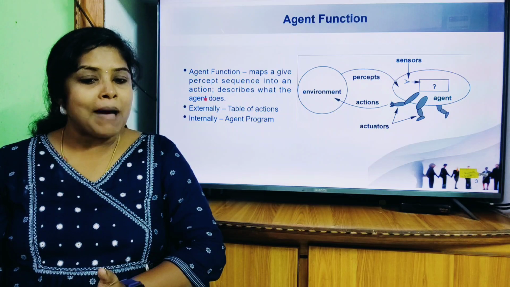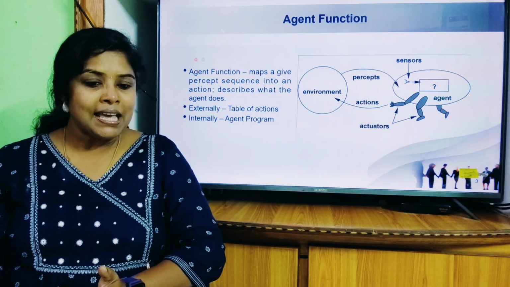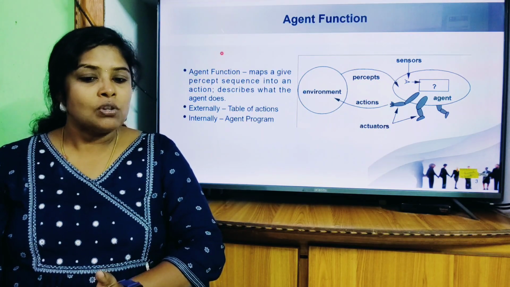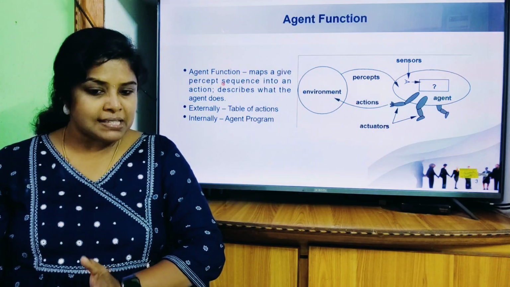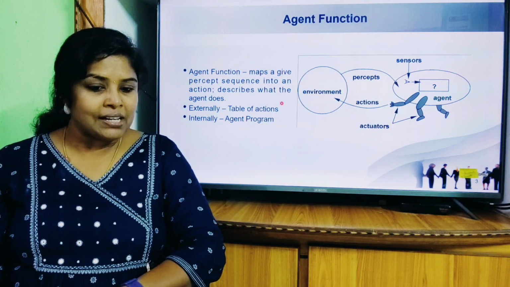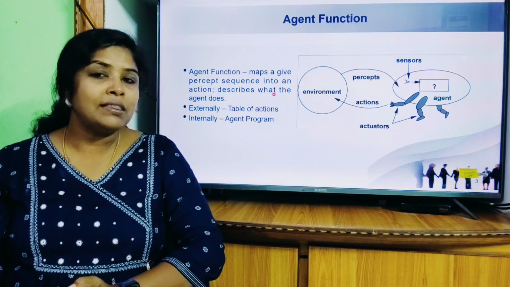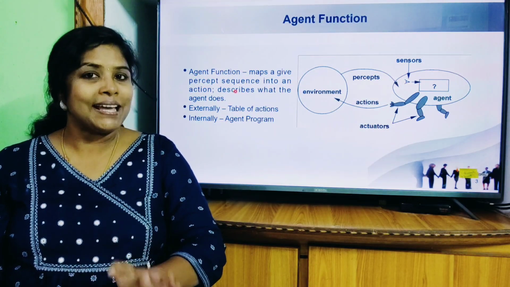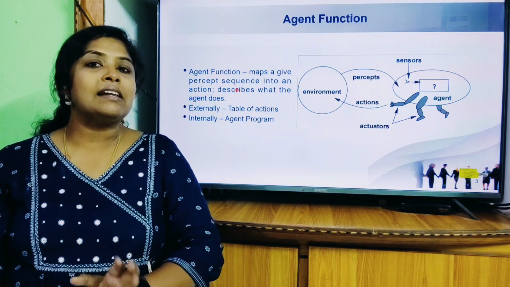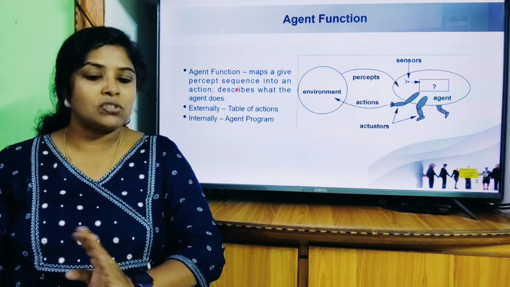This kind of mapping, we call the agent function. This agent function maps a given percept sequence into an action and describes what the agent does. So the agent function is nothing but what the agent is doing. It will clearly describe what the agent needs to do.